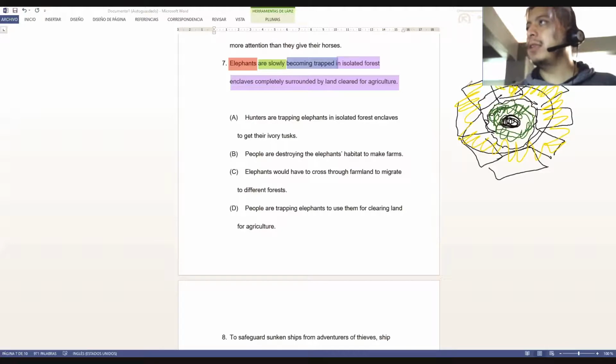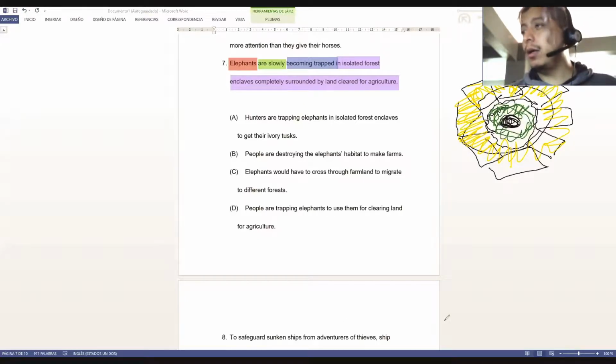So the elephants are becoming trapped slowly because people are destroying the rest of the forest and using it, clearing it. To clear the forest means just to get rid of the trees, get rid of everything. You just clean the terrain or the land in order to get a flat space so you can farm, so you can do agriculture.